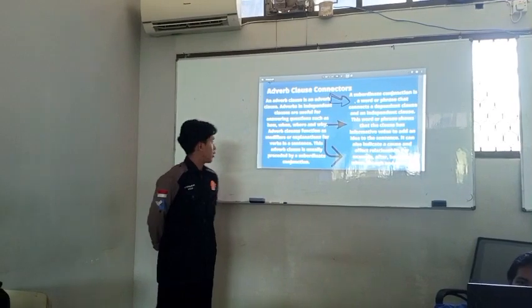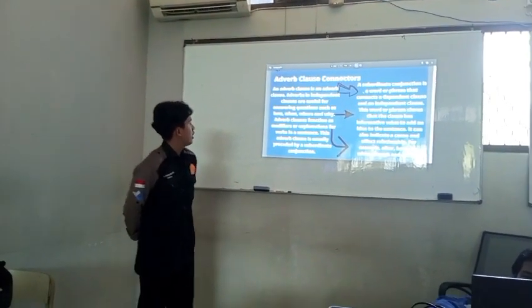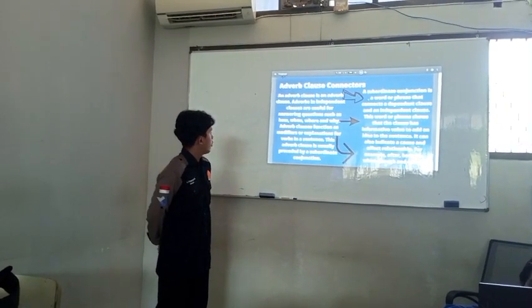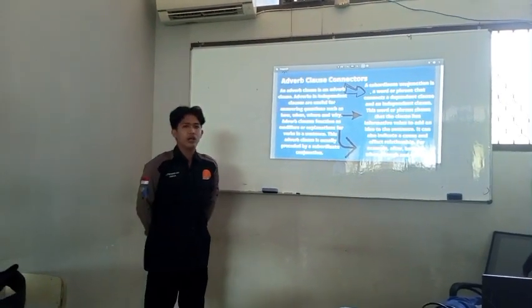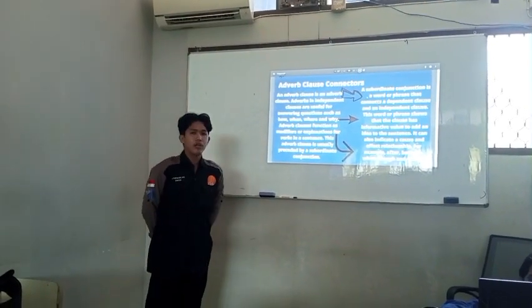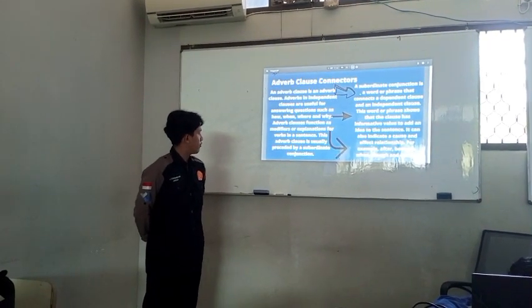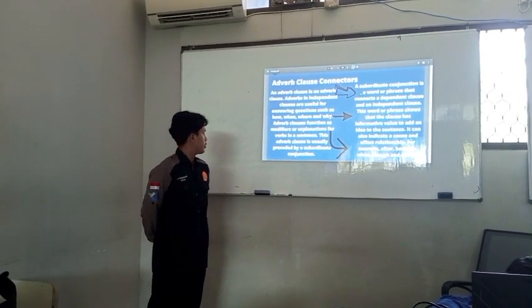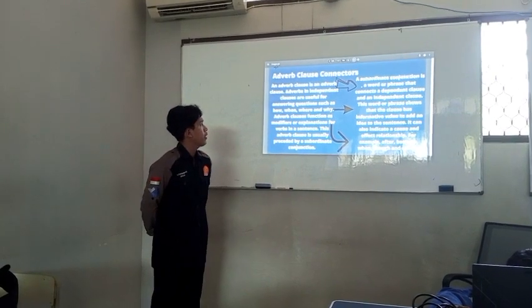Adverb clause connector. An adverb clause is a clause used like an adverb. Adverbs in independent clauses are useful for answering questions such as how, when, where, and why. The adverb clause function is as a modifier or explanation for verbs in a sentence. This adverb clause is usually preceded by a subordinate conjunction.